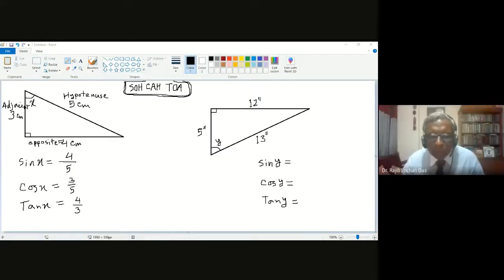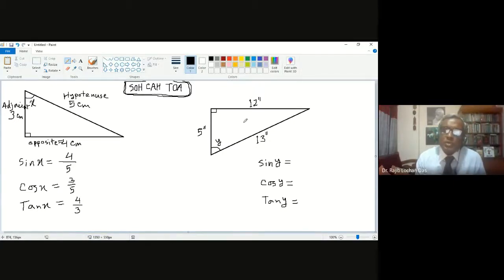Okay, so now let me tell you the correct answer. It is actually 12 by 13. This is the correct answer. So why 12 by 13? You apply the same formula, the same SOH CAH TOA pattern.